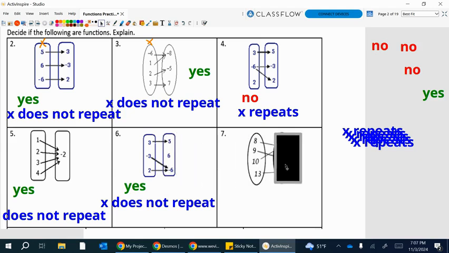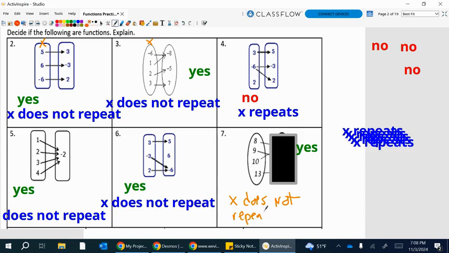And our final question, one line, one line, one line, one line. Once again, it is yes, and I ran out of answer choices, so I'll just write x does not repeat. Okay, so you can see here there's multiple lines going to this y value, but that's not important. It's only important that the x does not repeat.